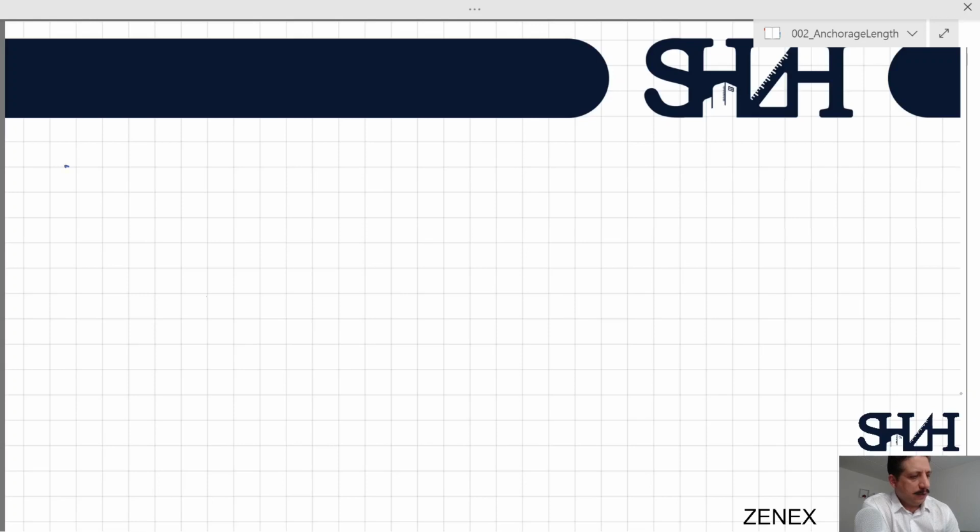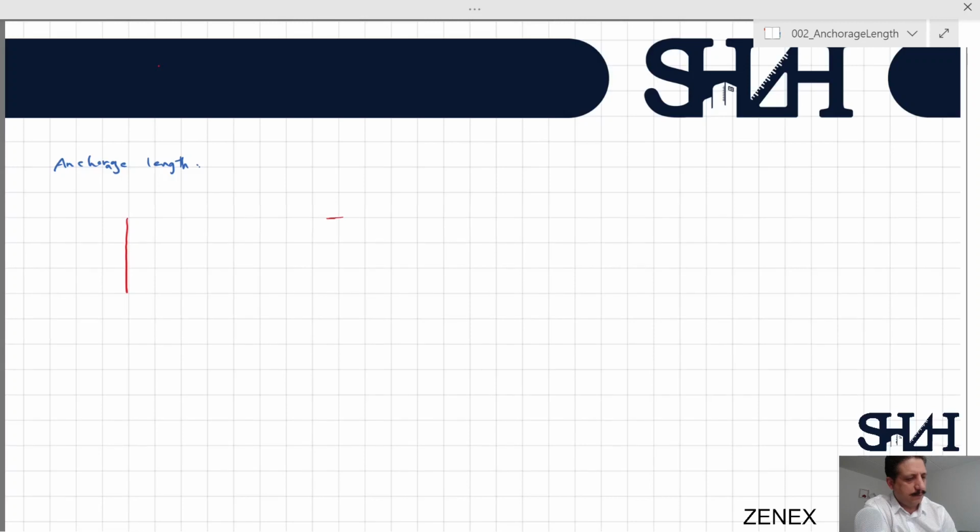So the idea of anchorage length comes from the slipping or the bond relation between the reinforcement and the concrete element.